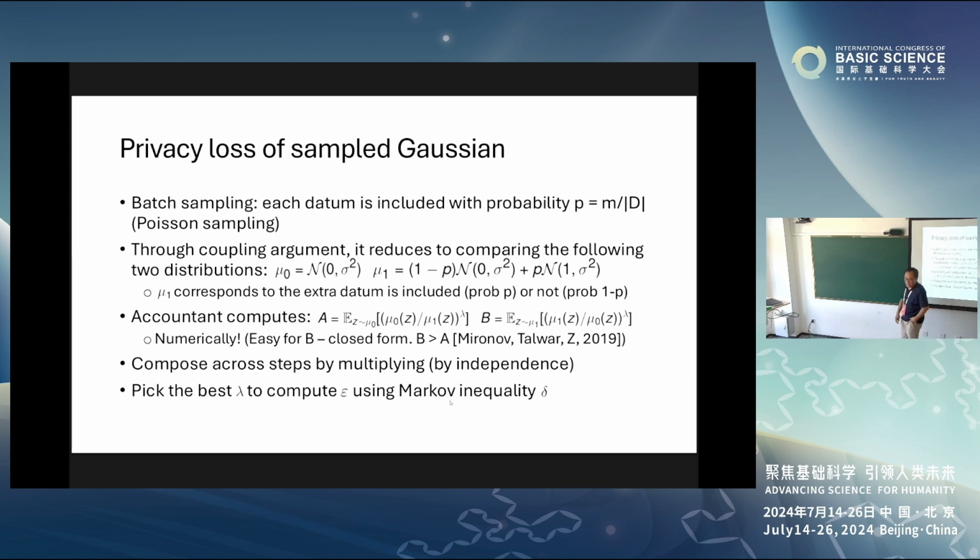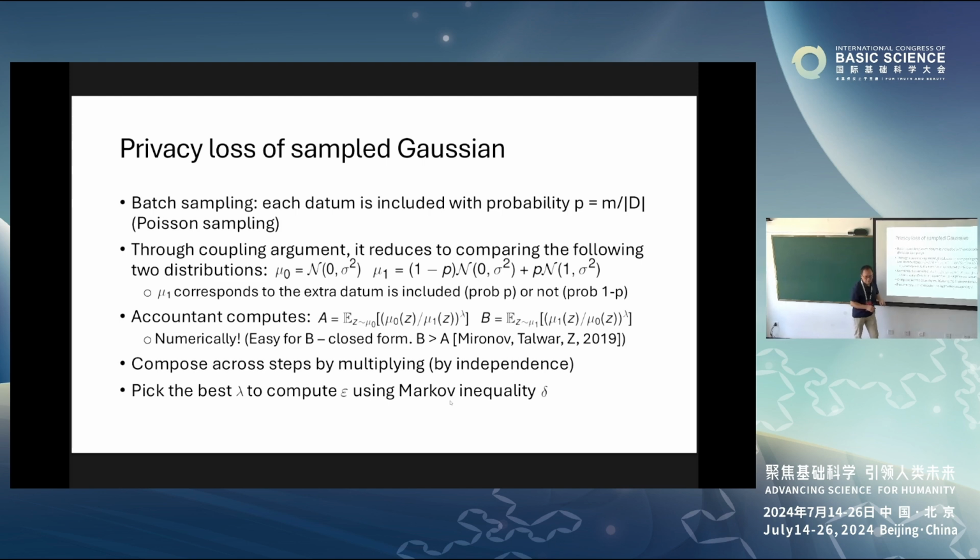This is actually intuitive, because you can imagine the coupling process where you sample, say there's a D and a D prime, and D prime has one more element than D. You first sample a batch B from D, and sample the same batch B from D prime. Then the last decision is whether you include the extra element in this batch or not.